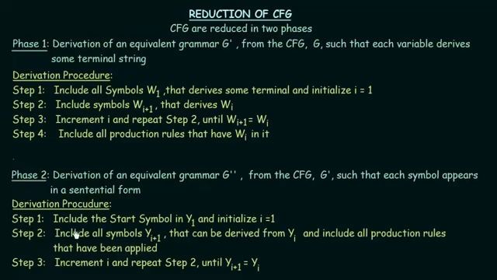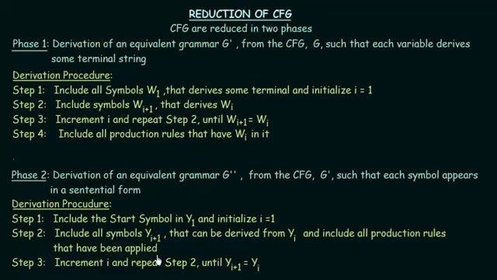Step number 1. Include the start symbol in Y1 and initialize i equal to 1. So we form a set which we will call Y1, and in this Y1 we will include the start symbol of our grammar, and then we initialize i equal to 1. And then step number 2 says include all symbols Yi plus 1 that can be derived from Yi and include all production rules that have been applied.